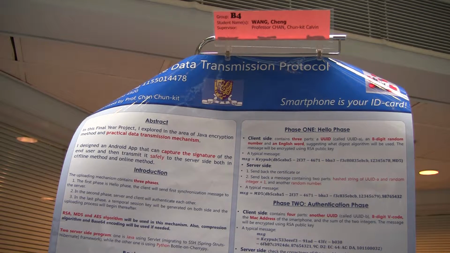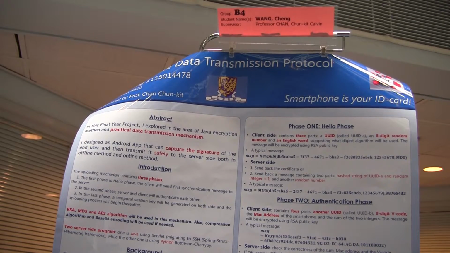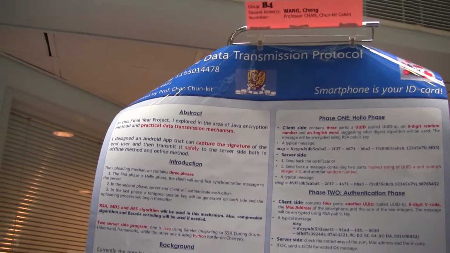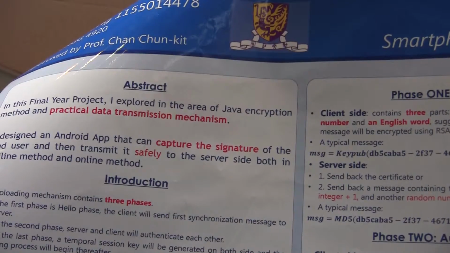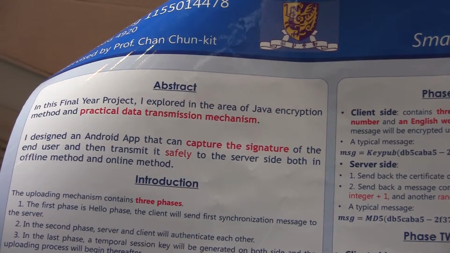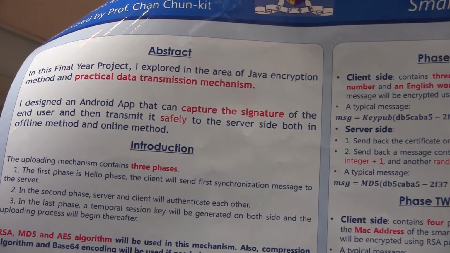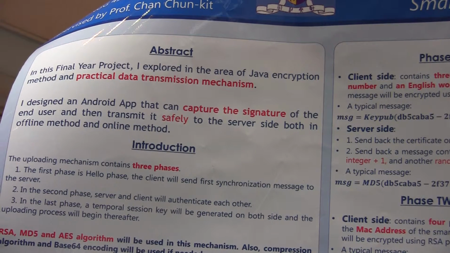Professor. Now I will start my presentation about my final year project. Before my presentation, I will give some follow-up of my first year project I have done in the first semester. It is about Android dynamic loading, and this semester I have read two books about Android dynamic loading. One is the source code analysis of Android smartphone, and the second is about the Java virtual machine.